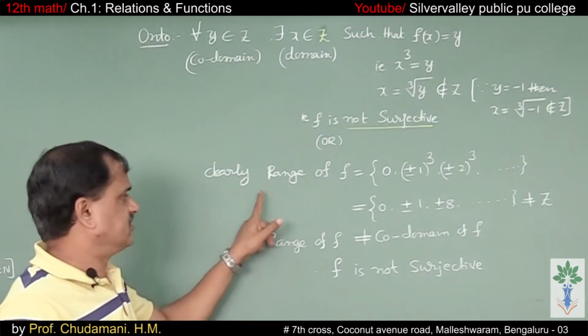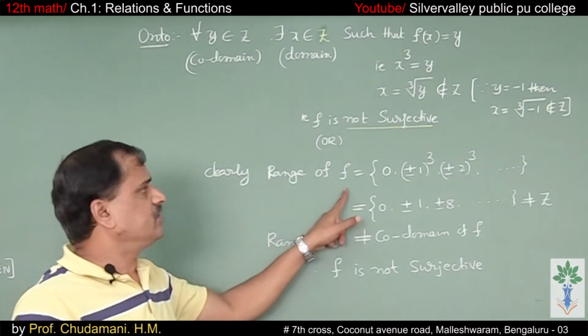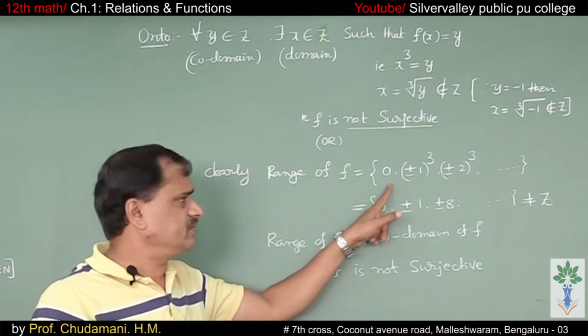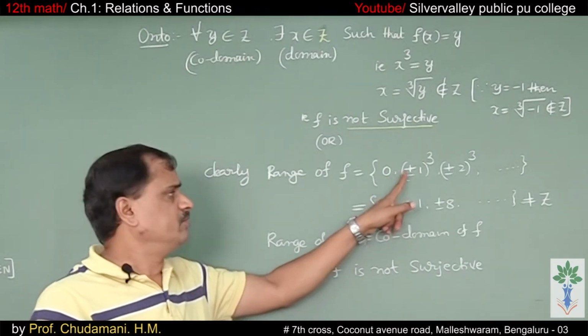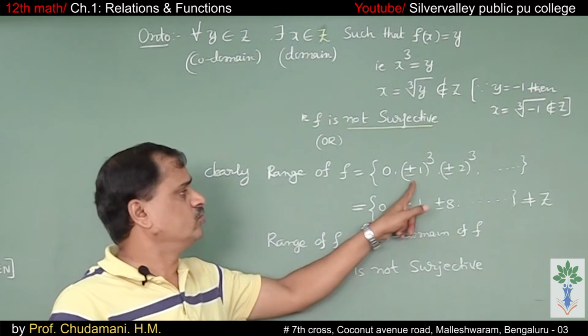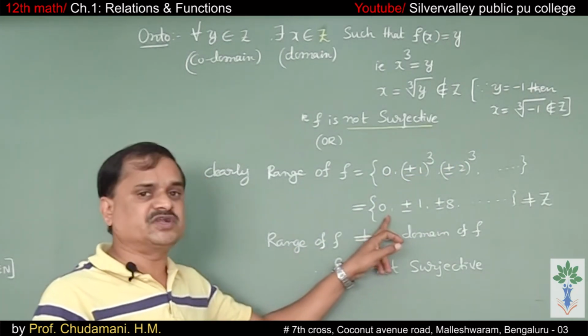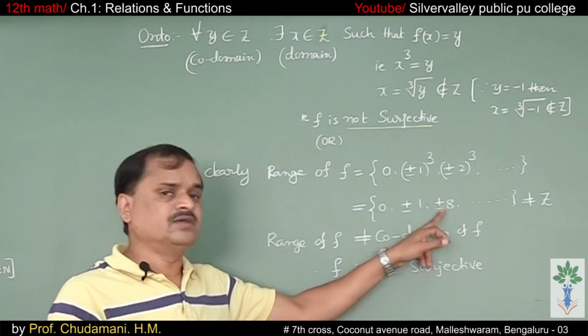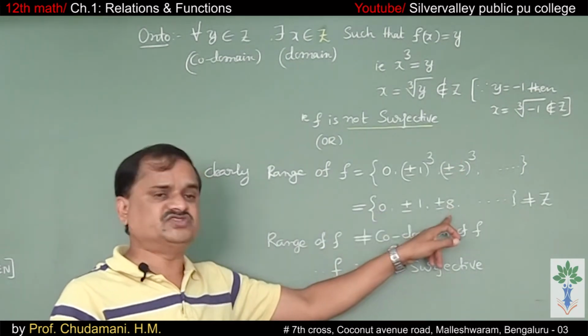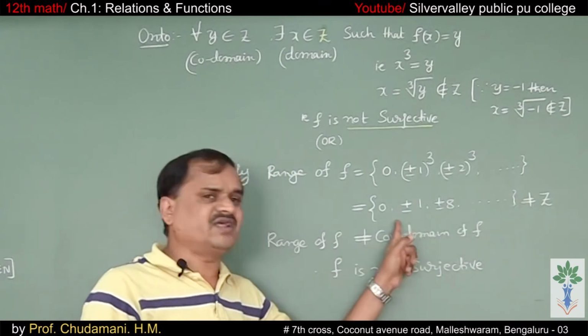An alternate method: clearly the range of f, you just give the values of x, 0, plus or minus 1 the whole cube, plus or minus 2 the whole cube and so on. It is nothing but 0, plus or minus 1, plus or minus 8 and so on. It is not a natural number.